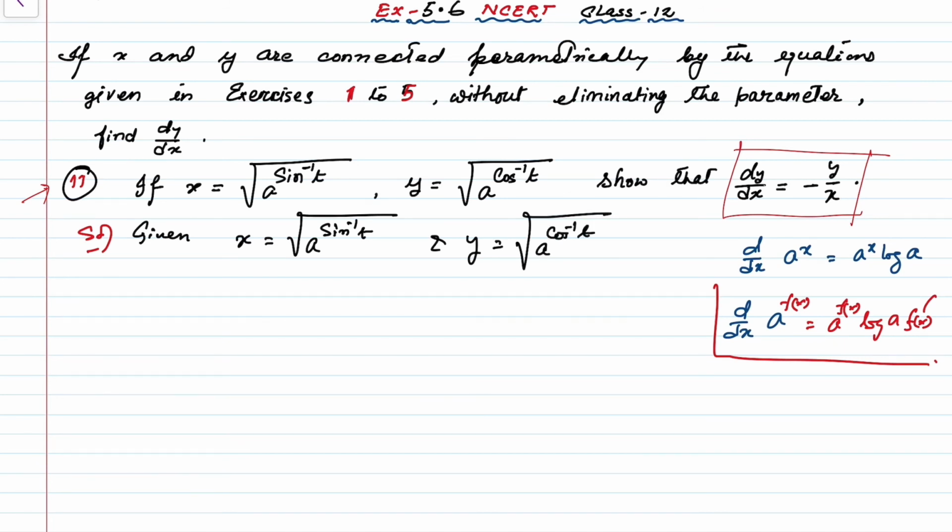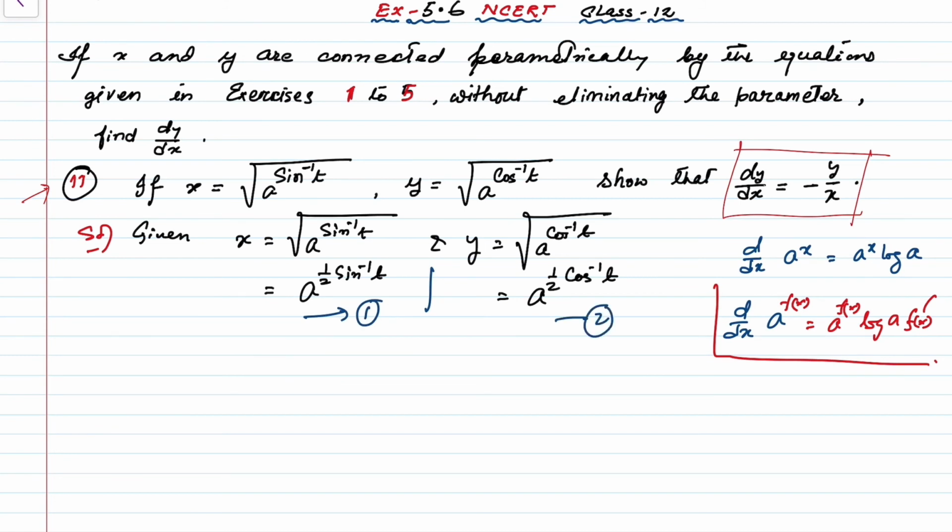Okay, so these two can be written as x equal to a to the power half sine inverse t, and y is equal to a to the power half cos inverse t. Okay, we can write this way. So suppose this is equation number 1 and this is 2.